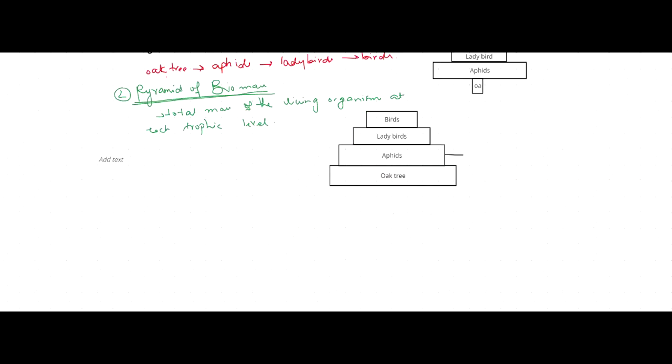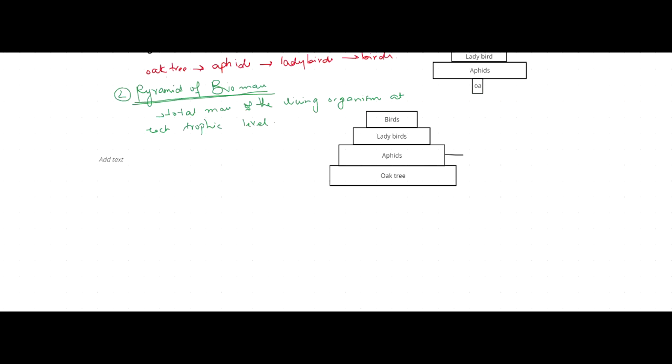Okay. Remember this. Energy is lost between each trophic level. So between each trophic level, energy is lost. What does that mean? Let's say that the grass is being eaten by the grasshopper.